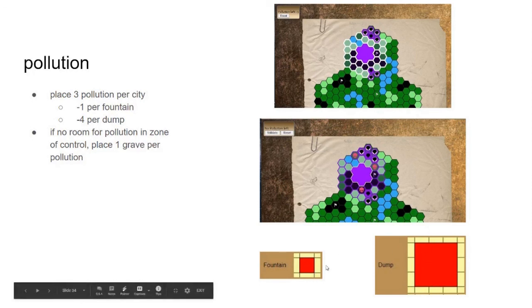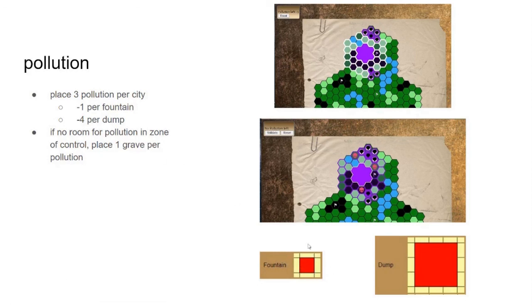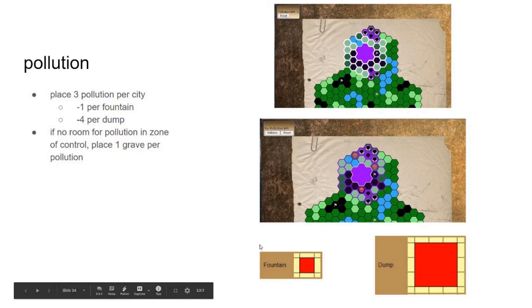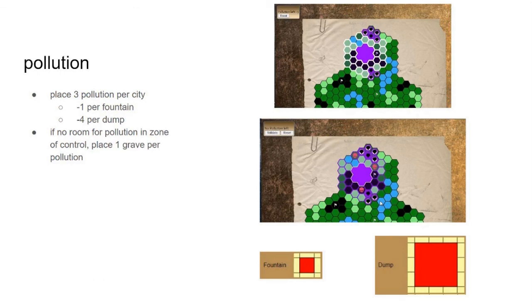And if you have fountains, then you'll be mitigating the pollution by 1 per fountain. And remember, you can build as many fountains as you'd like in your cities. So pollution will be mitigated by 1 per fountain, 4 per dump. You can only ever have 1 dump in your civilization. If you don't have room in your zone of control any longer for pollution, then you need to put graves in your cities. If you don't have room for graves in your cities, you lose the game.